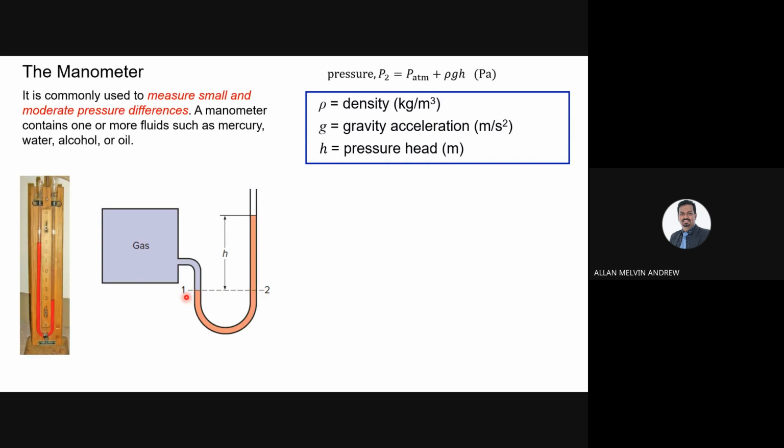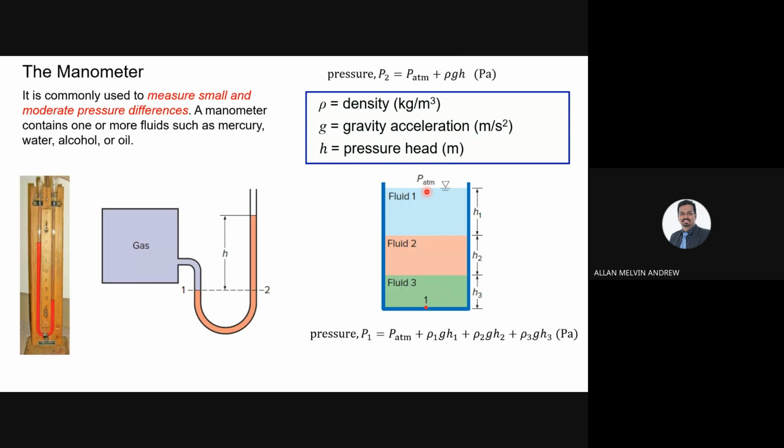In this case, we assume that the pressure at points 1 and 2, at the same height, will be the same. So it gives us an equation to start with. The pressure at 2, P2, equals the atmospheric pressure plus rho gh. This one we know.